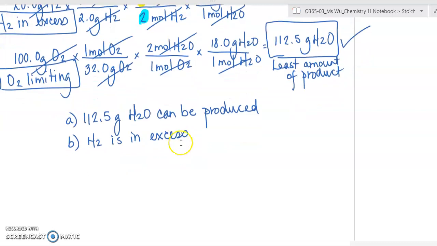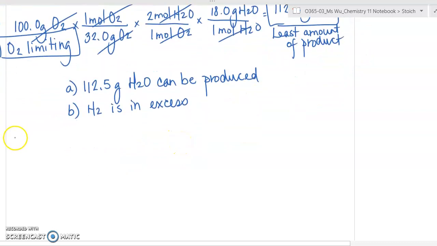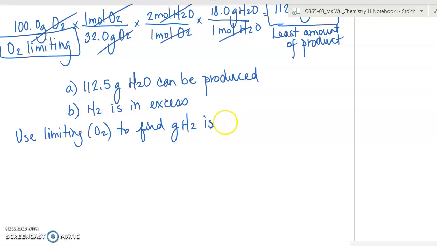Well, we know our oxygen is limiting, so if we use our limiting reactant, which is our oxygen, we can find how many grams of the hydrogen is actually used up. So use our limiting to figure out how much of the other ingredient would be used up. All right, let's give this a try.